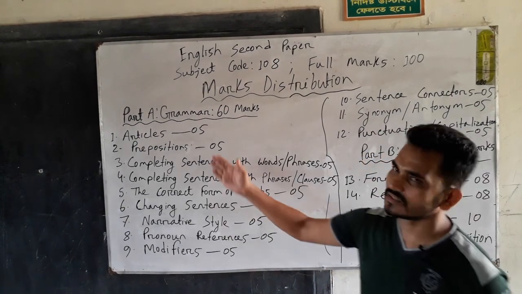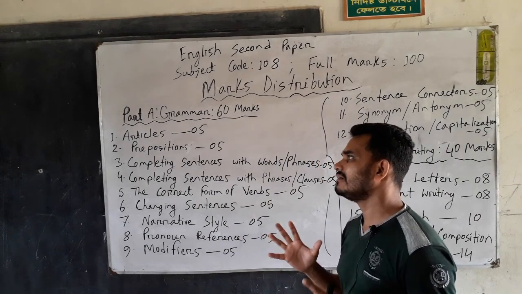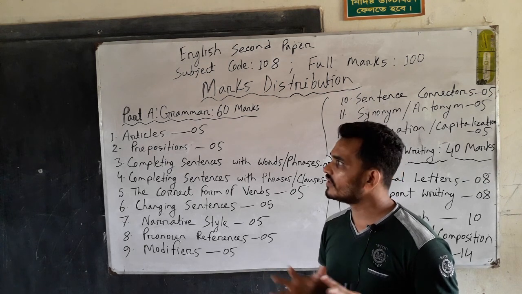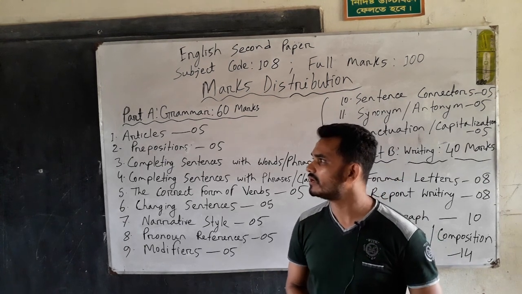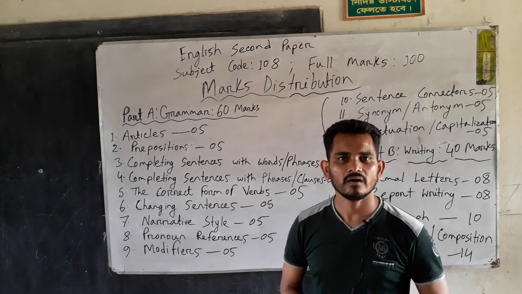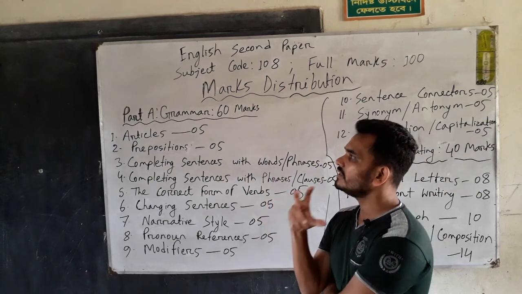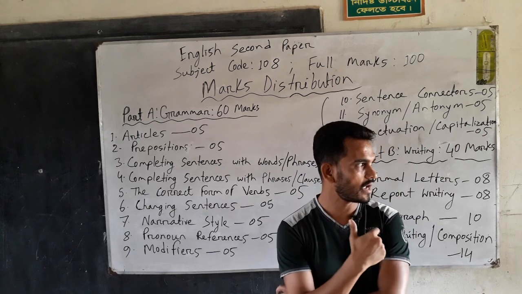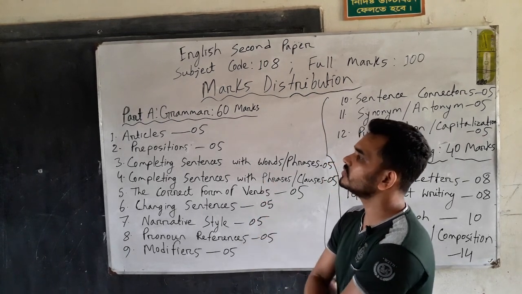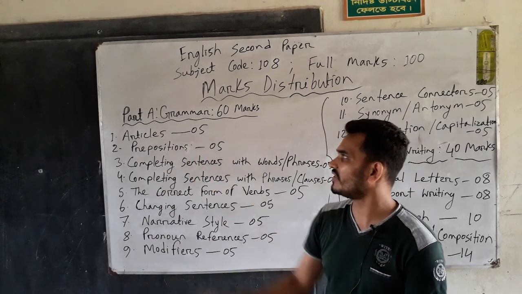Dear learners, in the grammar part, first you will have 10 gaps in question number 1. For each gap, you will write articles: a, an, the, or cross. By using a, an, the, or cross, you will have to fill 10 gaps in question number 1 and you will have 5 marks.